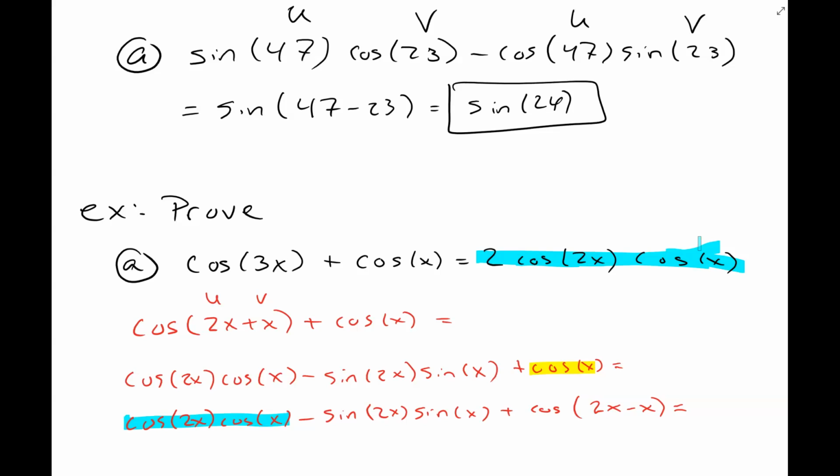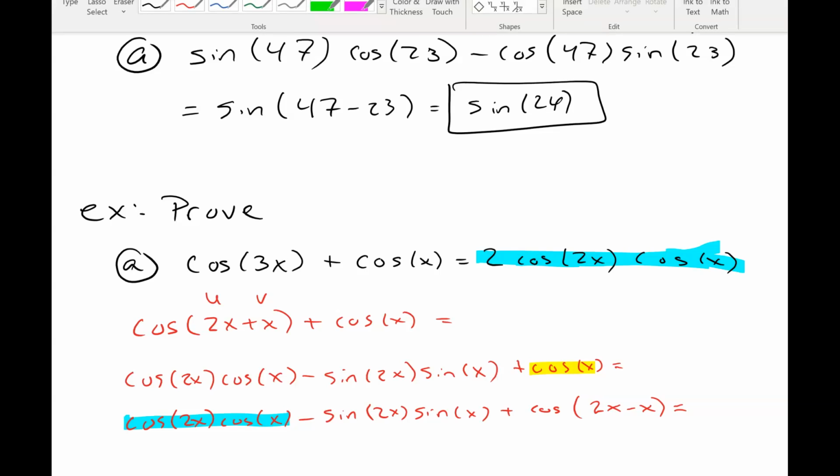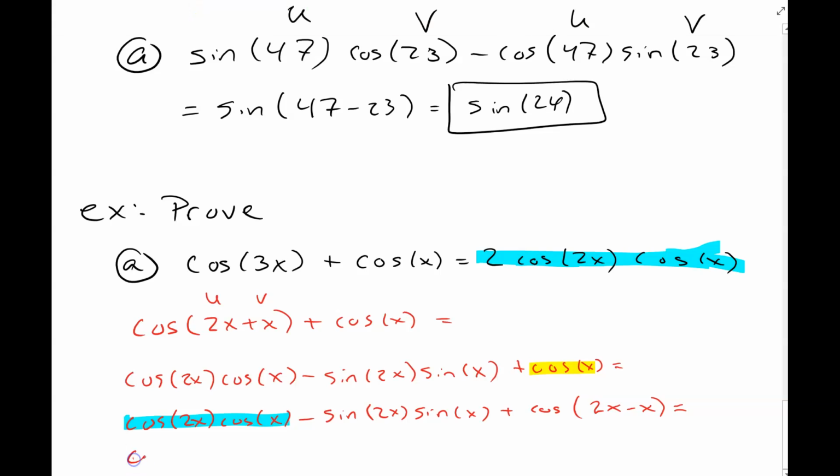I need to get a second one of those. And I shouldn't get any cosine flapping around at the end, right? So that was my cue, like I need to do something to this cosine to get it out of there. I'm going to use this angle difference formula to accomplish that. Does that make sense now on what I saw?